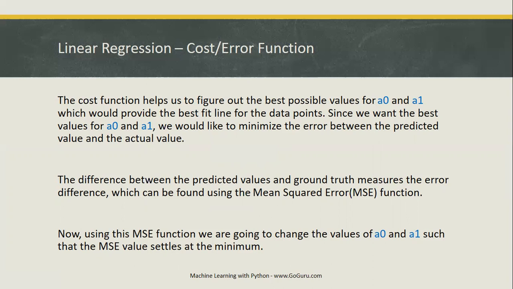We take a measurement for each of the points that are away from the line, and then we calculate something called the mean squared error, which we'll also go over in the coming slides. I'll tell you how to calculate mean squared error. This mean squared error is going to tell us how good our model is.